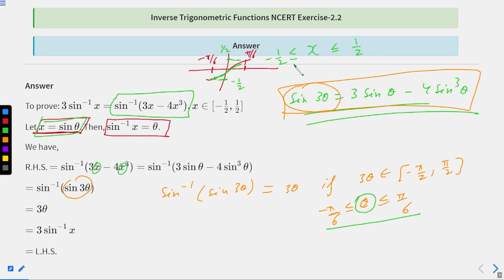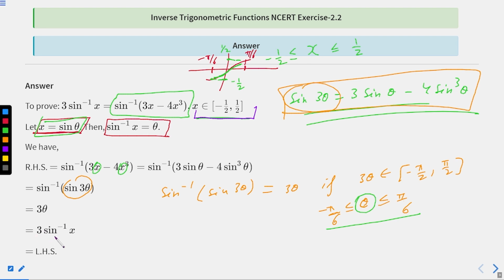So x must be in minus 1 by 2 to 1 by 2, as we are already given this information. So yes, indeed we can write it equal to 3 theta. You see why this condition is very important here. Without this, we cannot write it equal to 3 theta.